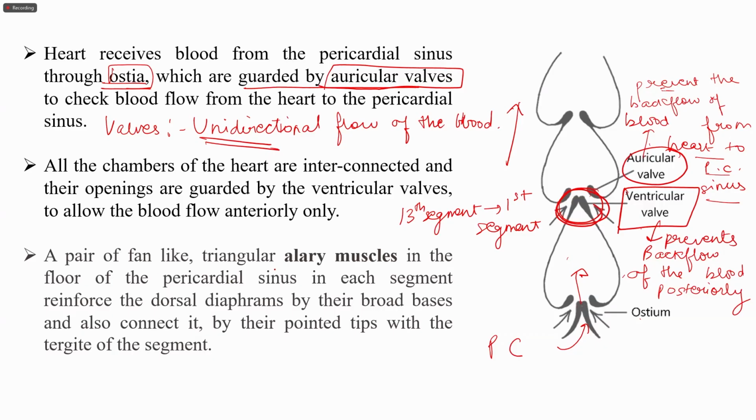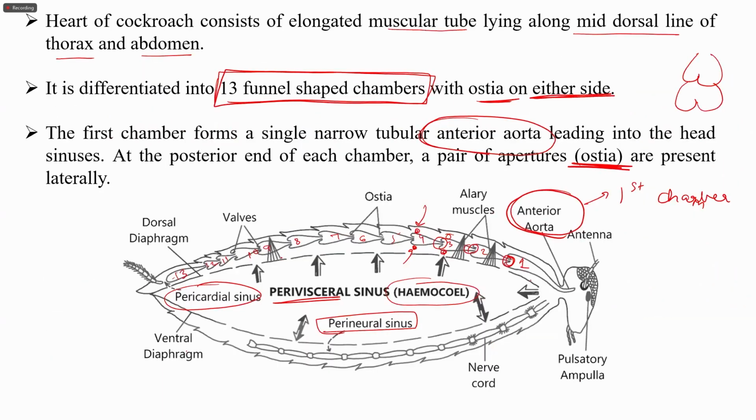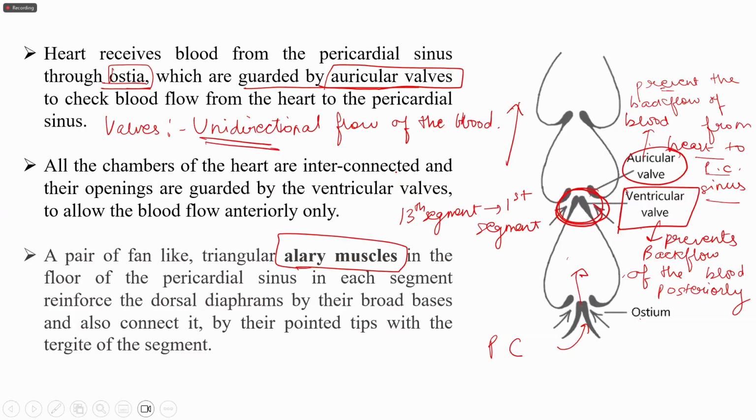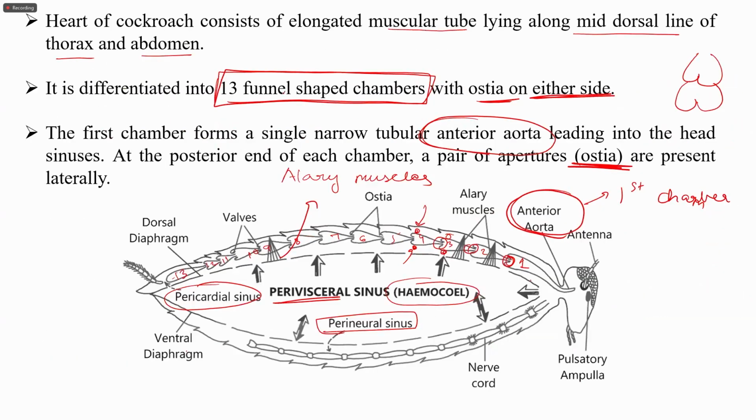A pair of fan-like triangular alary muscles are also present. You can see in this figure that these alary muscles play an important role in contraction and relaxation. In the floor of the pericardial sinus in each segment, they reinforce the dorsal diaphragm by their broad bases and are also connected by the pointed tips with the tergite of the segment.